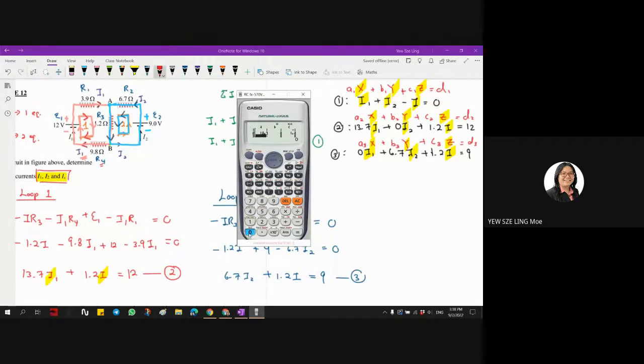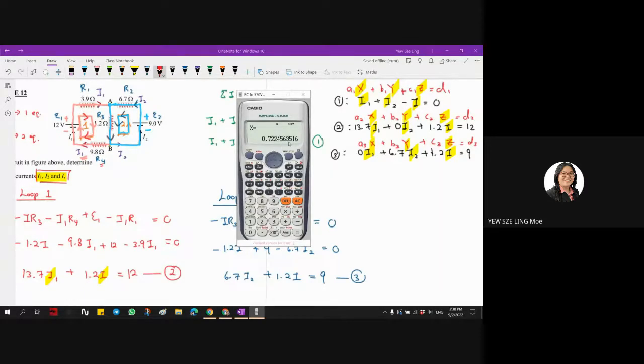A3 is 0, enter. B3, 6.7. Oops. Okay, 6.7, enter. And then 1.2, enter. And the last one is 9, enter. And then you enter one more time. That is your answer.